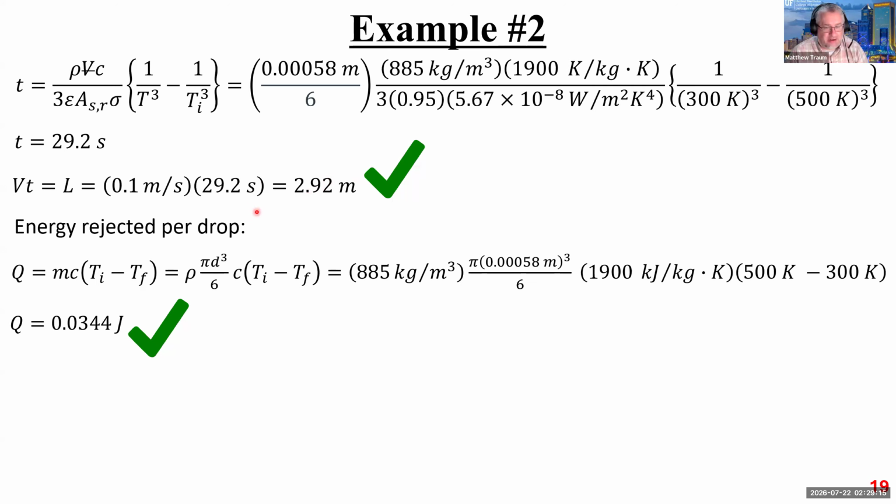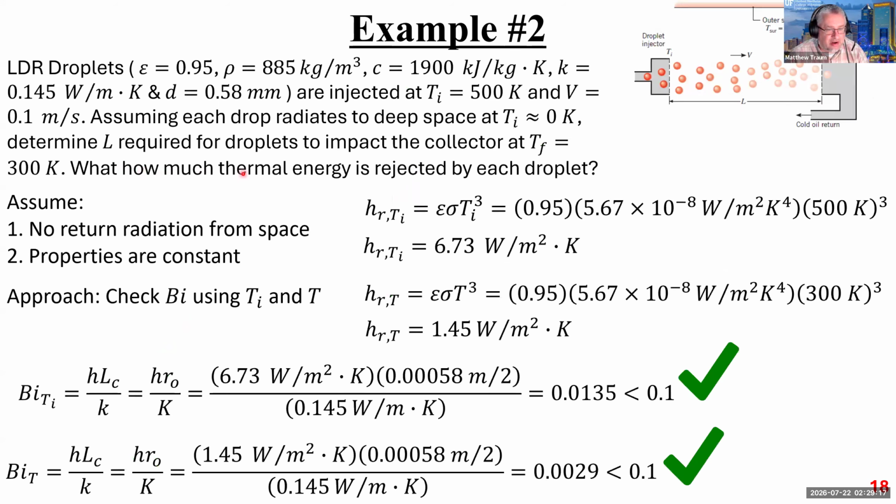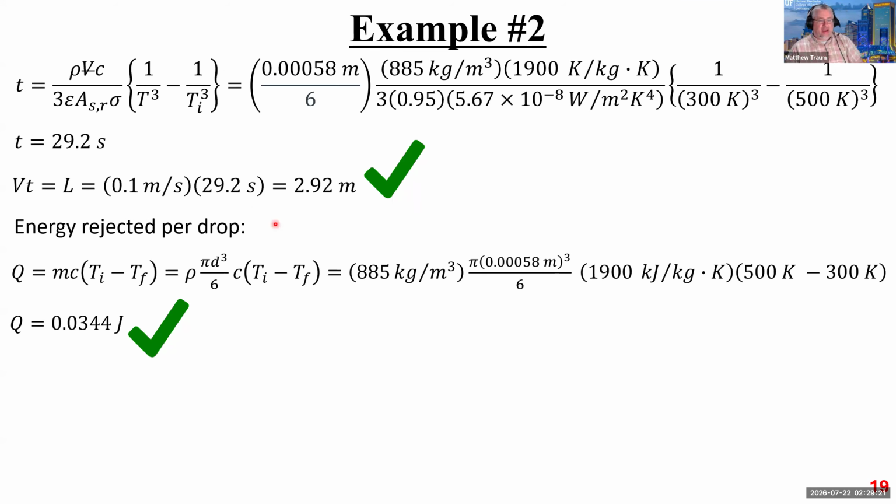We've also been asked to determine how much thermal energy is rejected by each droplet. And so I know the start temperature and the end temperature of the droplet, and I can figure out its mass and specific heat. So I can use that in combination with basically the first law of thermodynamics to get the amount of heat that gets rejected in a single drop from this temperature to this temperature.